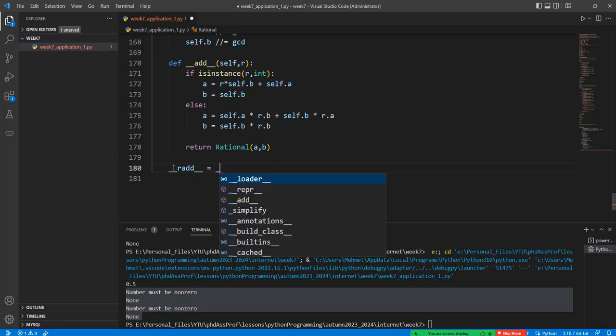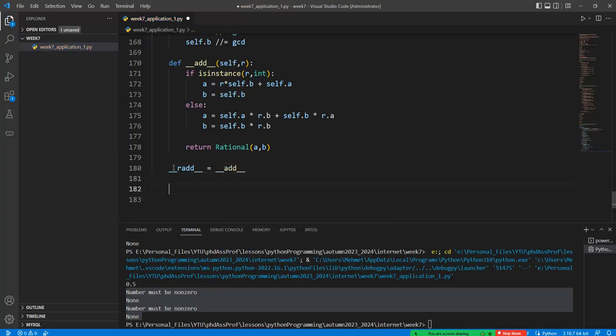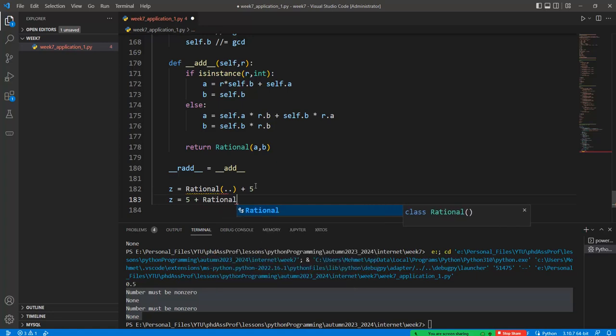For example, firstly, z is equal to the rational number plus 5, okay? This is where the standard add function is utilized. But in the second case, we have the value 5 here and plus the rational number. This is the right-hand side. This r represents these terms. Okay, just remember that.